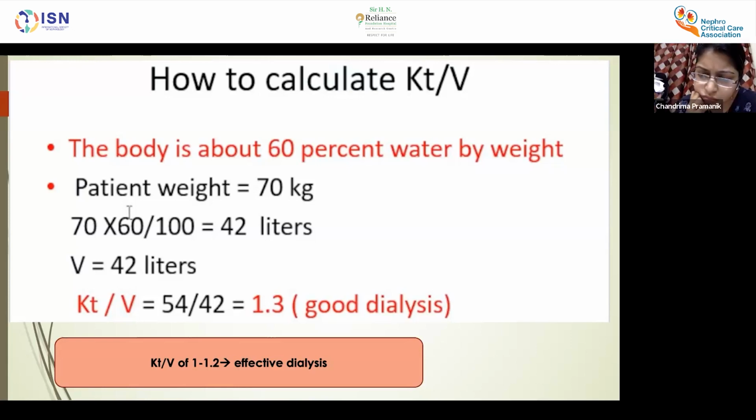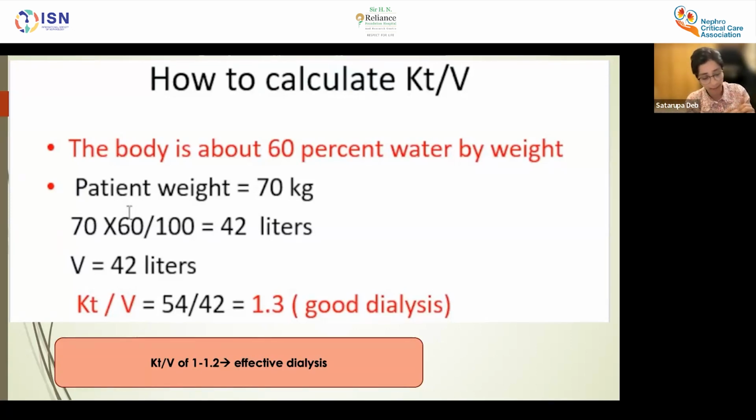But if the patient has got 3 kgs of edema, which is quite common with our dialysis population, when they come to us, they will come 3 kgs above their weight, and you will have to make them negative by 3 kgs further. So then that V calculation differs. You will take 60% of 70 kgs, but 100% of 3 kgs. Why?